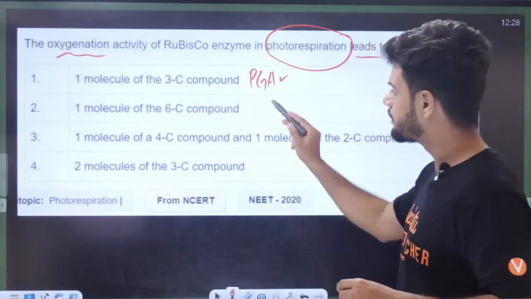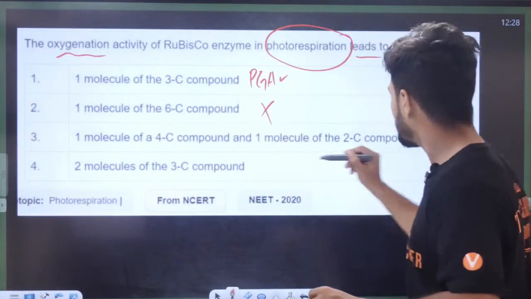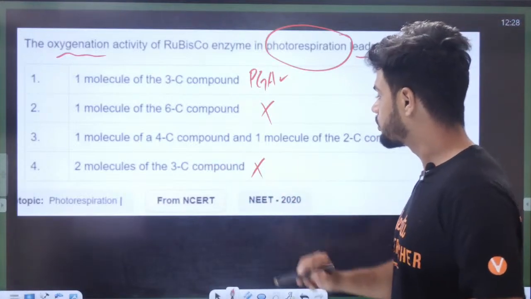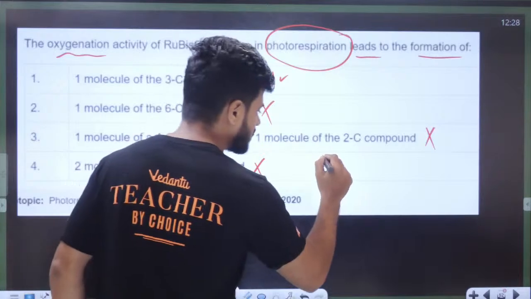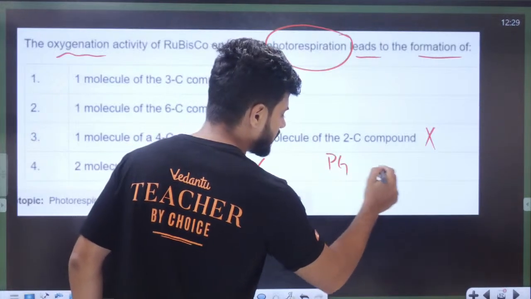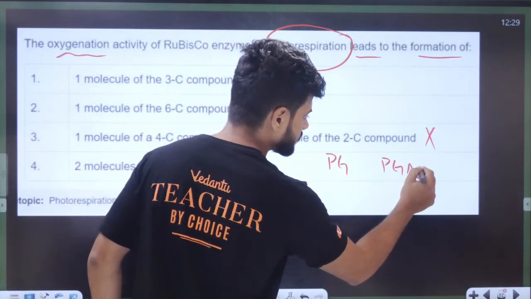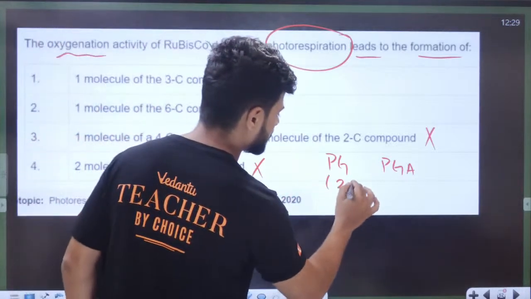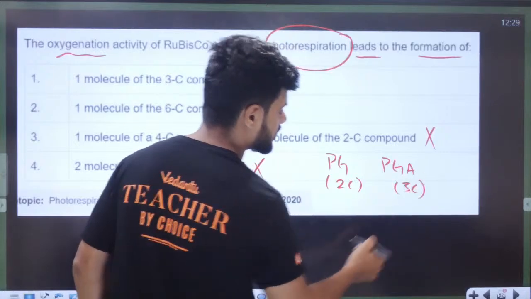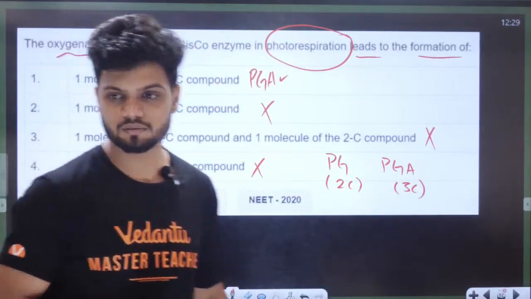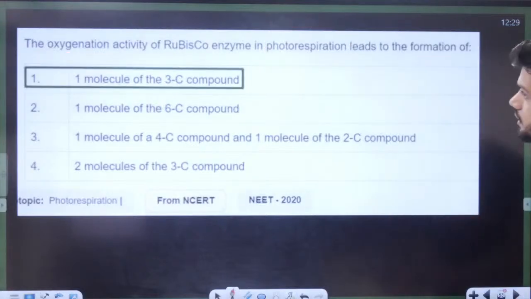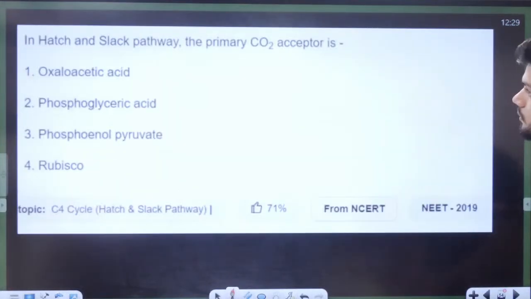One molecule of 6 carbon, no. One molecule of 4 carbon, one molecule of 2 carbon, no. Two molecules of 3 carbon, no. What do we get? In photorespiration, we get PG and we get PGA. This is 2 carbon, this is 3 carbon. Yes or no? Yes, right? So the answer is easy now. 1 is the answer.